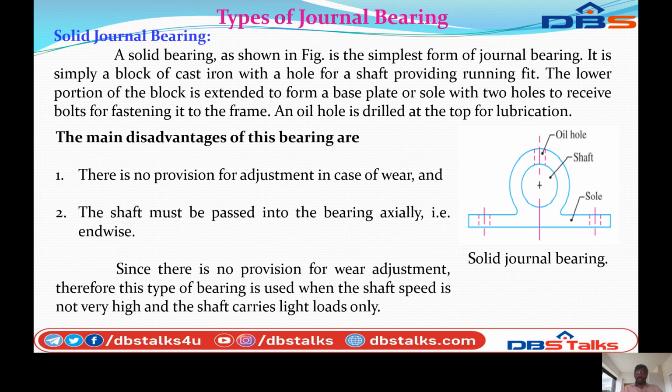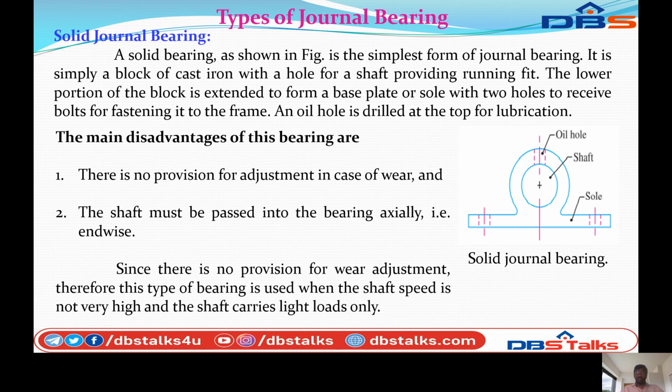At the bottom of the solid journal bearing there are two soles, fixed by bolts through the holes, fastening it into the frame with the help of two bolts. So this is the diagram.